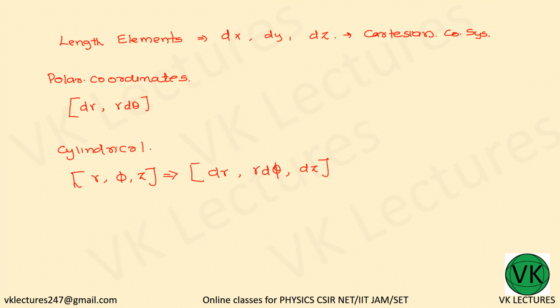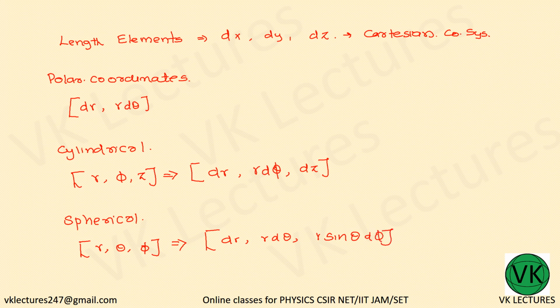Now for spherical polar coordinates, the coordinates are r, theta and phi, and the corresponding length elements are dr, r d theta and r sin theta d phi.